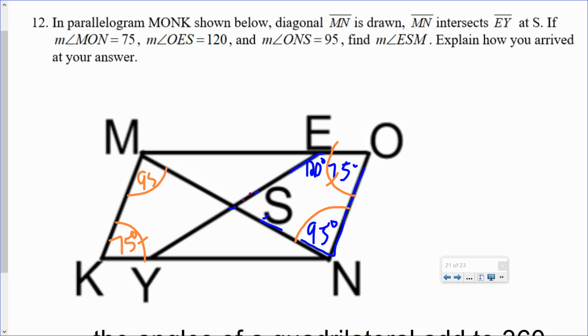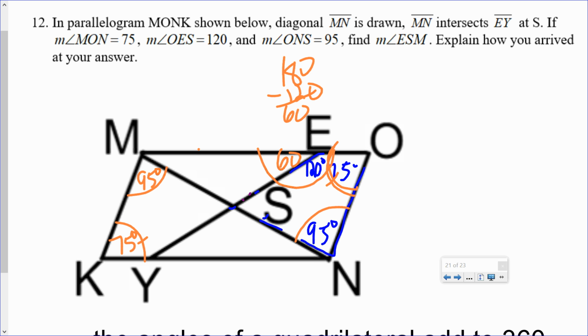Now, they're not opposite angles of a parallelogram, but they're alternate interior angles. Now that I have that, let's see. So if this is 120, I see a linear pair there. That would make this 60.